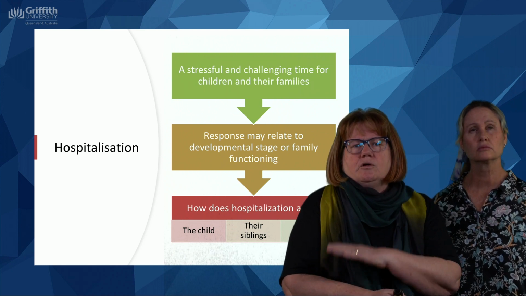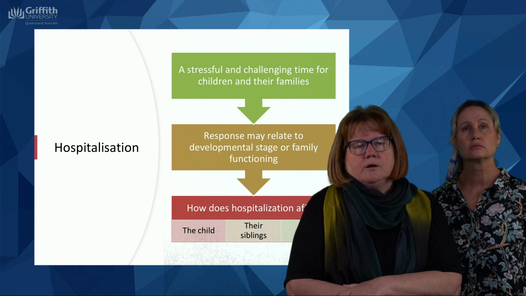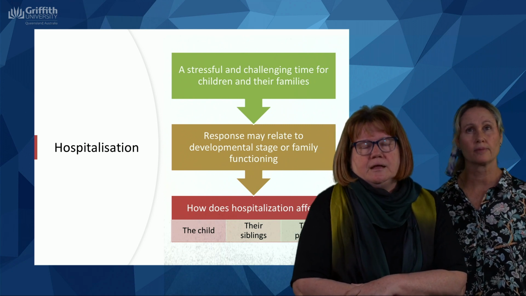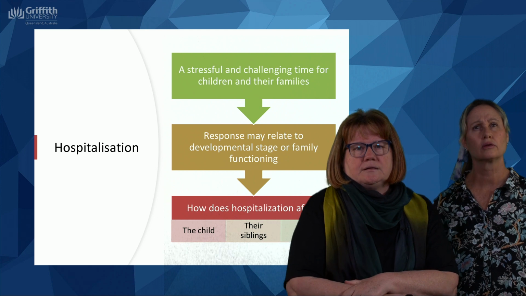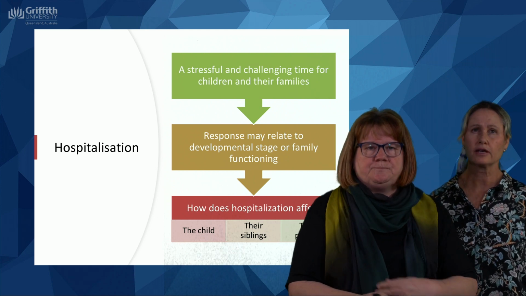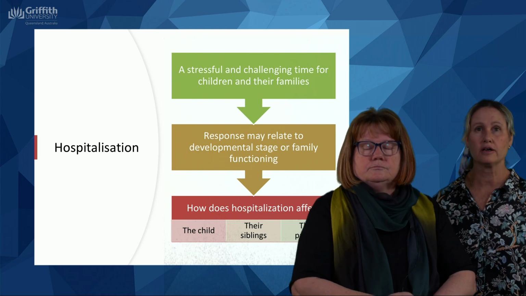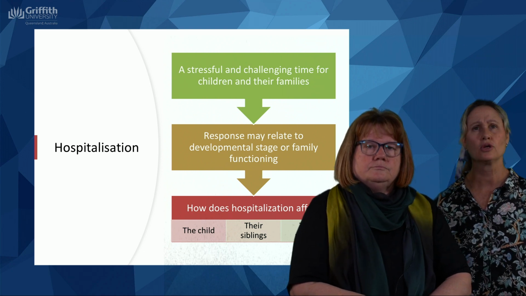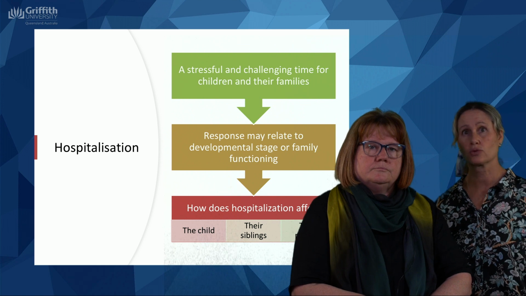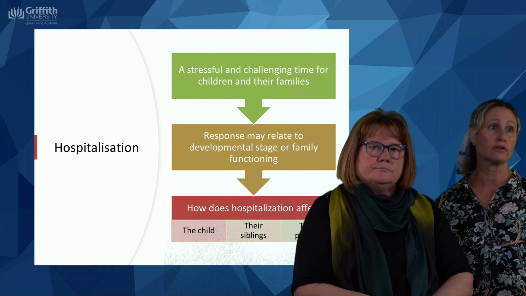So there's a whole lot more information in the module about unpacking how hospitalisation impacts families. And I think, as we talked about in the workshop as well, is that relationship to the family's developmental stage. So what are the ages of the other children as well, because that then changes the parent's priority.